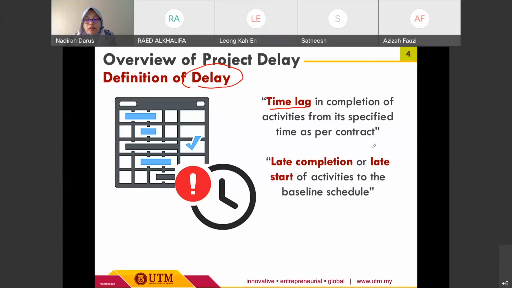It also refers to the late completion or late start of activities against the baseline schedule. So any progress of work which has a late completion or late start, for sure at the end it will cause delay of the project progress. Okay, that's the definition of delay.